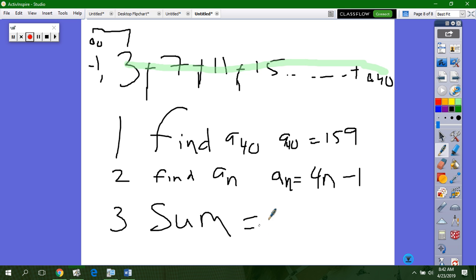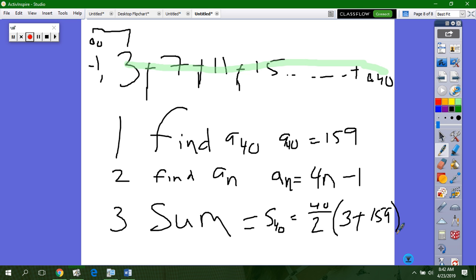Then, to find the sum of the first 40 terms, I would say, okay, there are 40 terms. I'm going to divide that by 2. I'm going to times that by the sum of the first number. What is the first number? 3 plus what's our last number? The 40th term, which was 159. Yep, because of the pairs. Remember how we talked about you're grabbing the first one and the last one, so there's then going to be only 20 of these combinations.